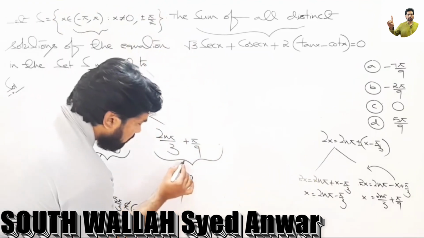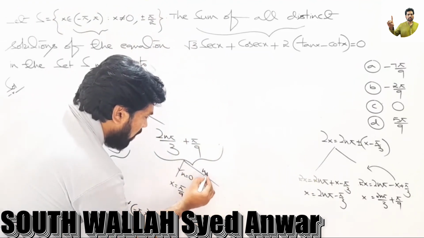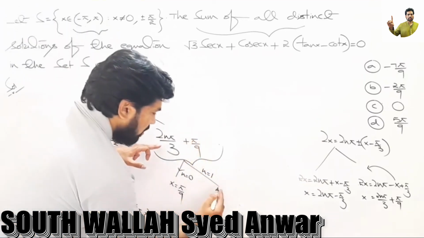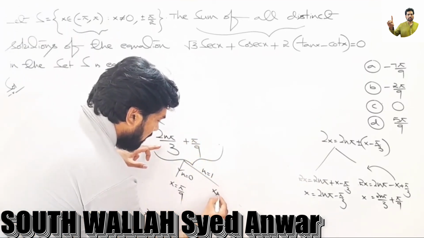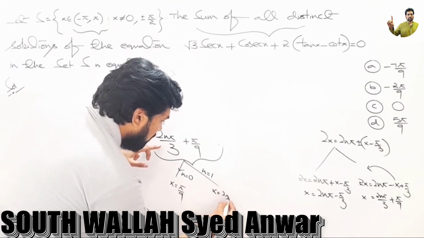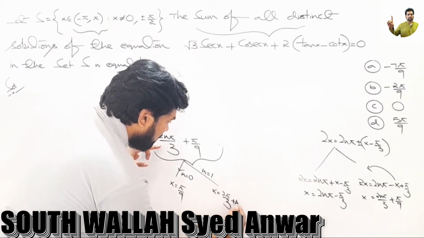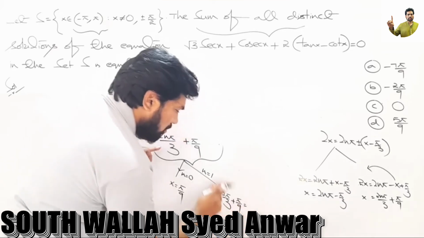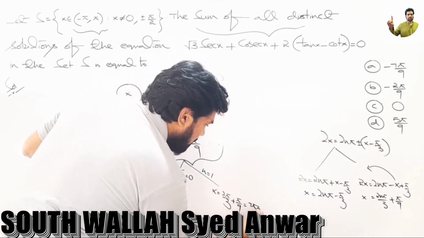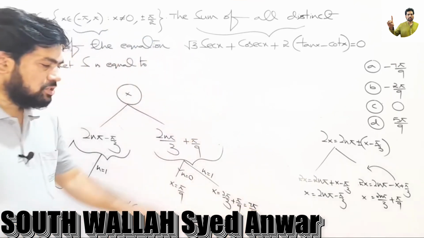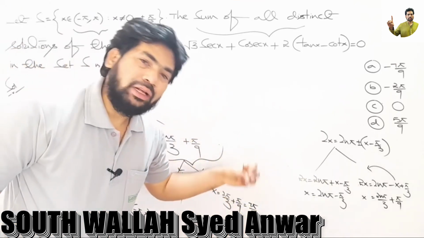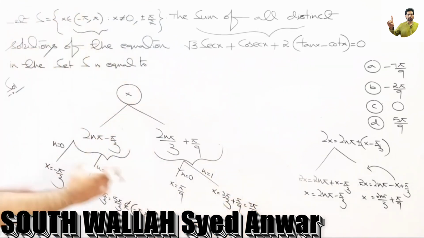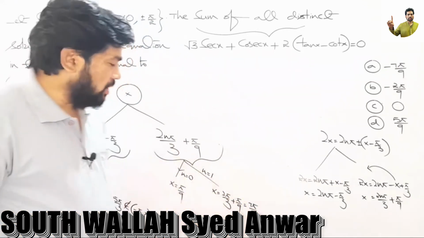Next, when n is equal to 1, then x becomes 2 pi by 3 plus pi by 9. So that is nothing but 7 pi by 9. That means 120 degree plus 20, 140 degree. So 140 degree is clearly lying in this interval. So this value is acceptable here.